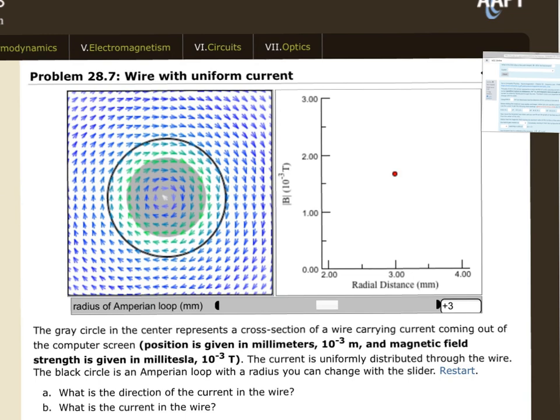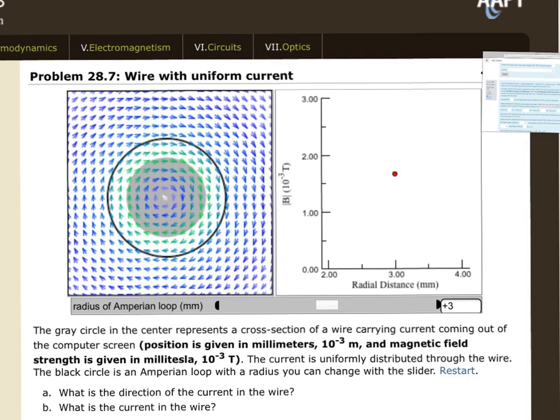Okay, last item. This gray area is a wire with current uniformly distributed through the wire. And you can see it's going into the page using right-hand rule number 2. And then we have a loop. We can integrate around this loop, like we did in the last problem, and find the field, only that's done for us.